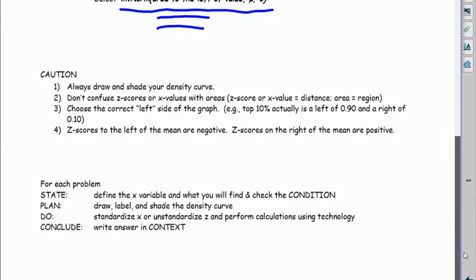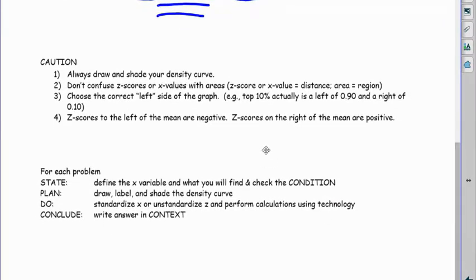I'm going to run through some examples, and this ties into the textbook, where they say that when you're solving one of these problems, you want to think through these steps for each problem. You want to state and define your x variable and what you're trying to find, then check those conditions, which we're going to spend more time on, the conditions that need to be true for this problem to even be valid, the most important being that it's nearly normal.